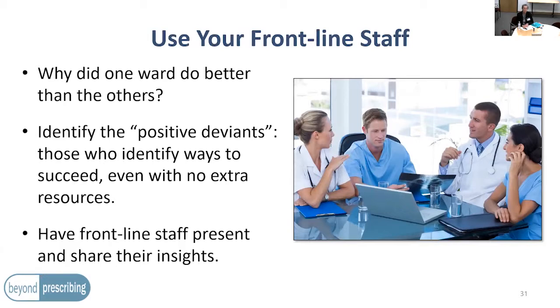And they looked and saw that the children who were better nourished and keeping on their growth curve were getting fed little freshwater shrimp out of the rice paddies by their mothers, adding that extra protein source for the kids. And so those mothers were positive deviants. They figured out how to feed their kids better, even when they had no apparent extra resources. So frontline staff will have insights into what's going on and why things don't work.